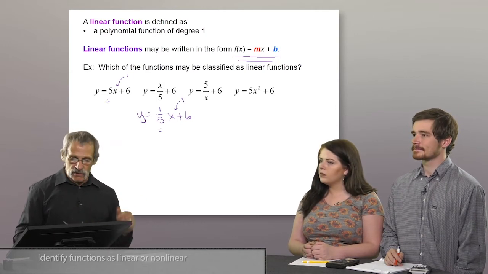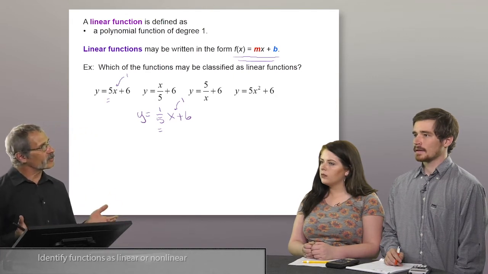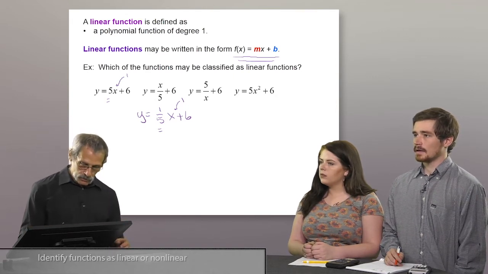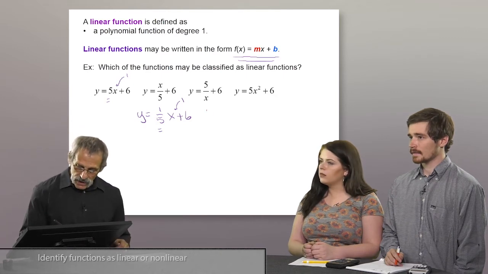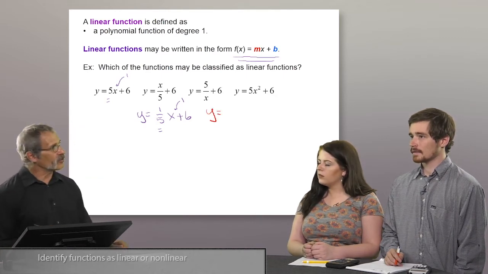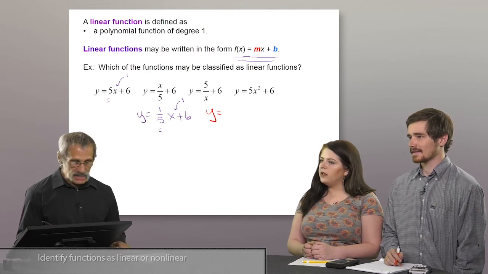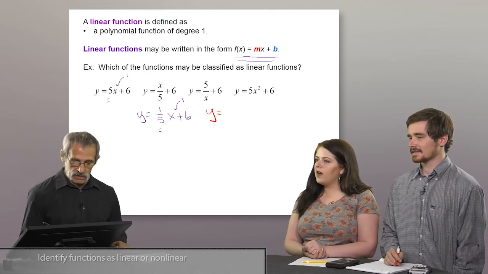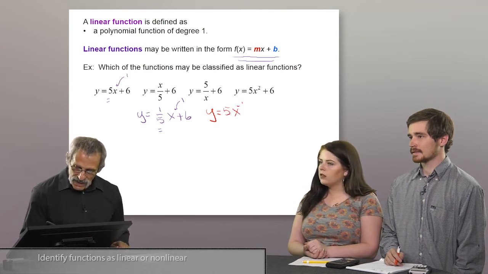y is equal to 5 over x plus 6. Can I rewrite it in my form f of x equals mx plus b? I can. Okay, so I'd have y is equal to, what's the coefficient? That's a good question. It would be 5, the coefficient for the term x to the negative 1.